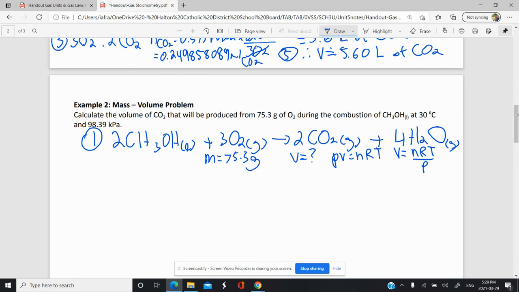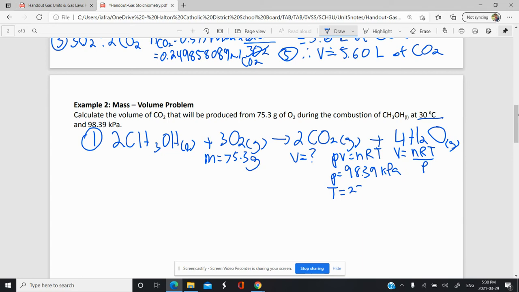And we have a lot of information here. So, for example, we have our pressure given to us. It's not at STP this time. This time it's at 98.39 kPa. We have our temperature given to us. We need to make sure we write it in Kelvin.